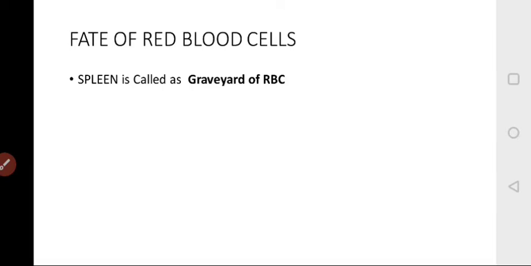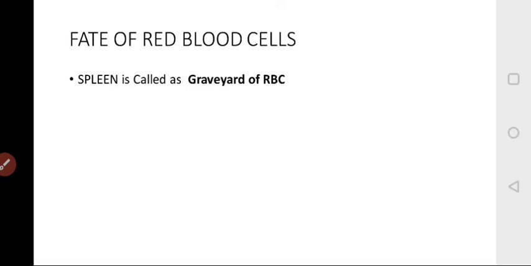The iron combines with a protein called apoferritin to form ferritin, which is stored in the body and reused. The globin enters the protein depot for later use. The porphyrin is degraded into bilirubin, which is excreted by the liver through bile.